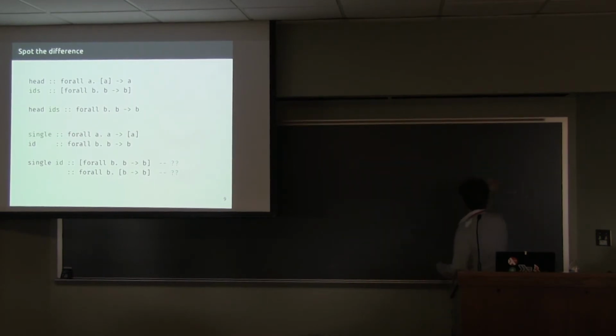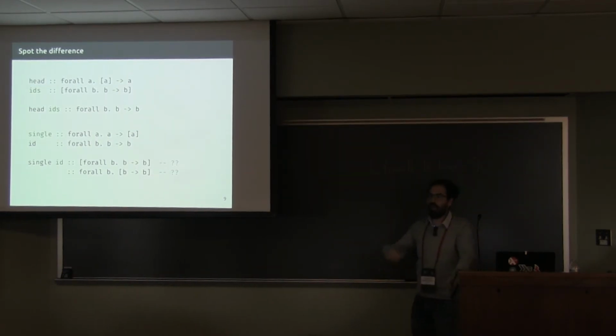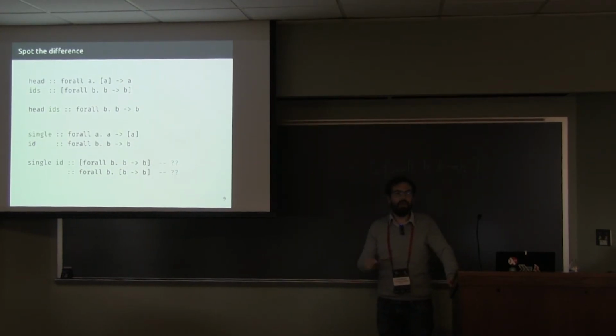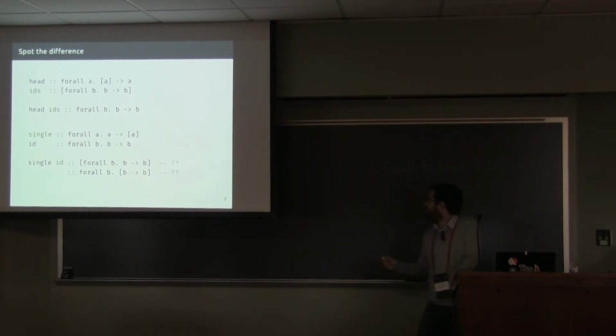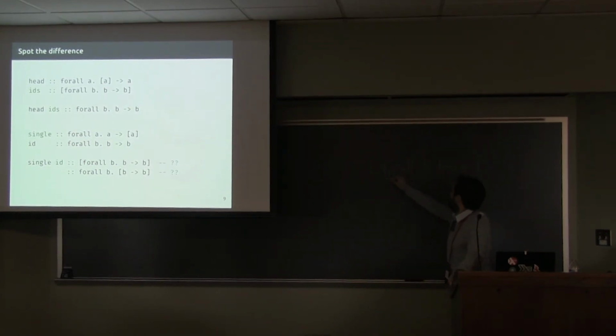If I have the first case, a list of for all B, B to B, I can go through the list and choose every B independently. So I can get the first element of the list and apply it to a Boolean value, and go to the second element of the list and apply it to an integer value. That's okay, because every time I get an element, I get the for all, so I get to choose once again.